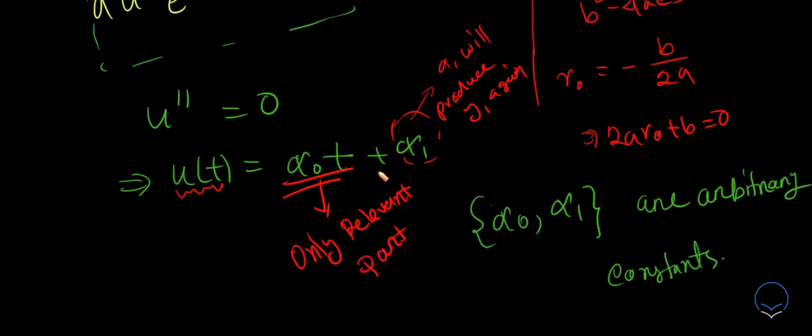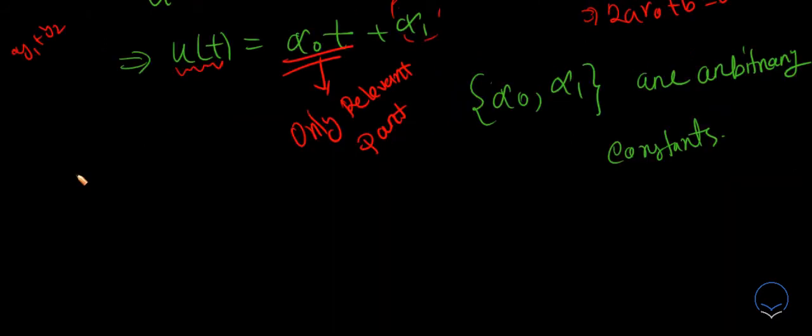The way to see that this alpha 1 will produce y1 again is to take the linear combination of y1 and y2, where you write y2 as u(t) e to the power r0t, and y1 is itself e to the power r0t. So let me show this small thing to you.